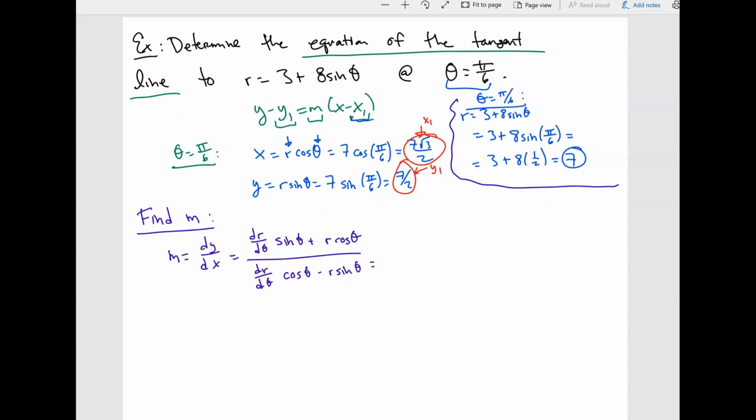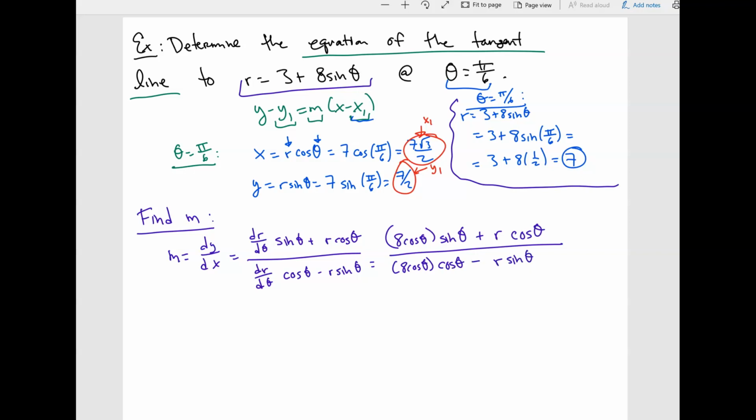We have r equals 3 plus 8 sine theta, so the derivative of that is just 8 cosine theta. Then we have sine theta plus r, which I'm going to leave as is for right now, and then cosine theta, divided by dr over d theta again, which is 8 cosine theta. Then we have a cosine theta next to it, then minus r, and then sine theta.